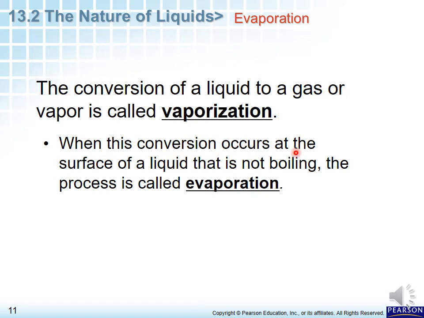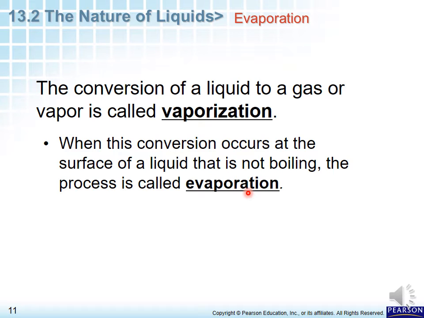When this conversion occurs at the surface of a liquid that is not boiling, remember, not boiling, the process is called evaporation. So vaporization we can divide into two. One is called evaporation, the other is called boiling. Changing the state from liquid to gas is called vaporization; it could be evaporation or it could be boiling.